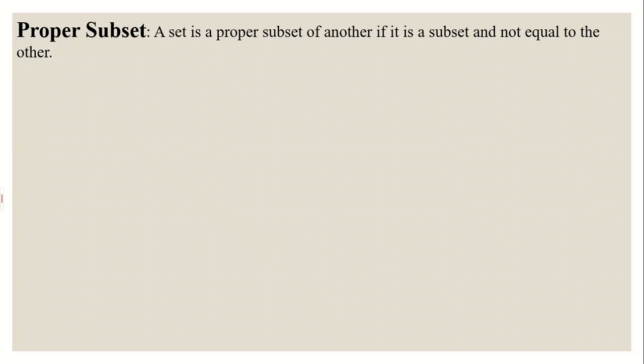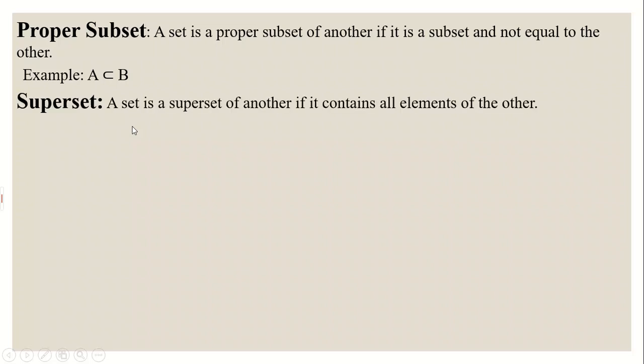For you to say it's a proper subset, it shouldn't be equal to A. We use this sign to represent it: A is a proper subset of B, a C without the underscore under it.